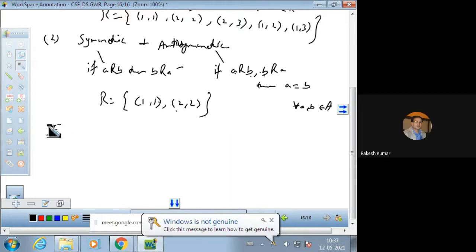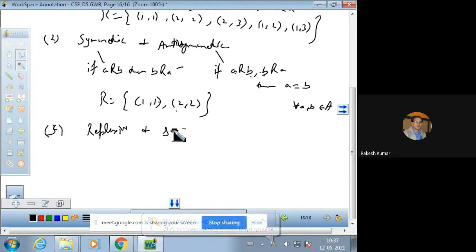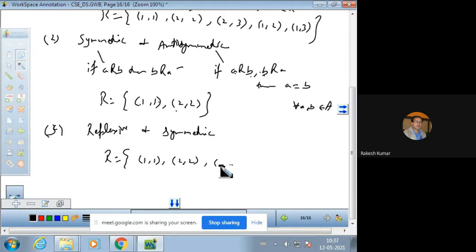Now give an example of a relation which is reflexive and symmetric. Now, for a reflexive and a symmetric relation, for the reflexive property (1, 1) should be there, (2, 2) should be there, and (3, 3) should be there.